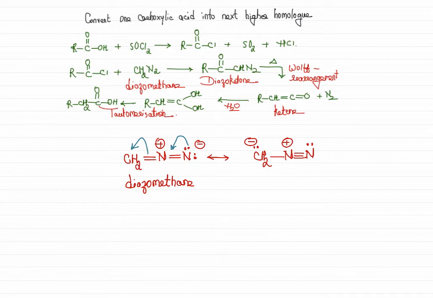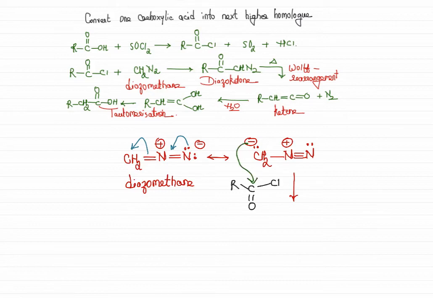Now, when you allow this to react with an acid chloride, which you have already got, your acid chloride has R, C double bond O and Cl, which is a good leaving group, chlorine here.